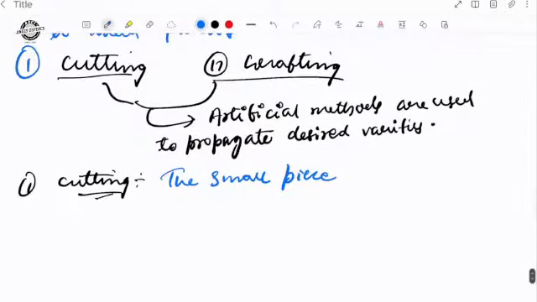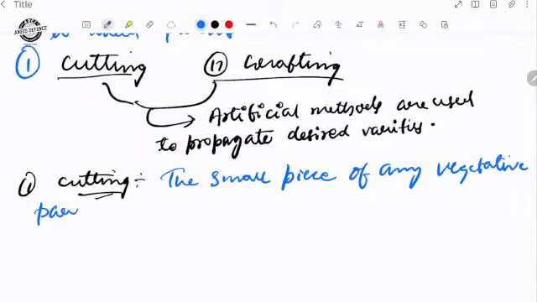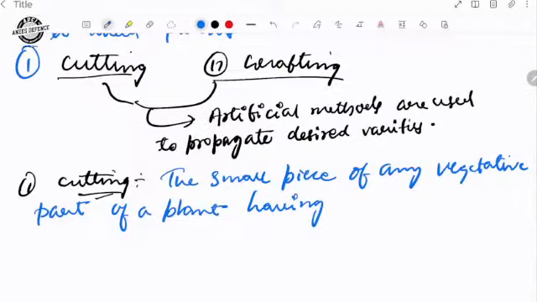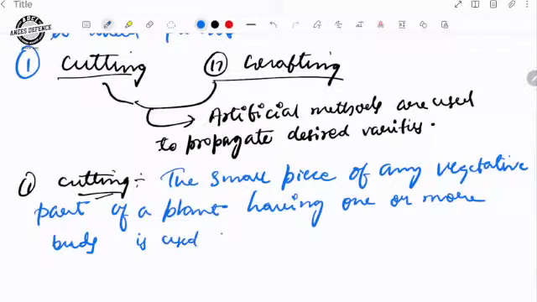The small piece of any vegetative part of a plant having one or more buds is used for propagation.